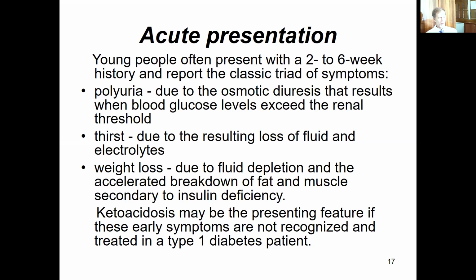So number one, polyuria. Polyuria is due to the osmotic diuresis that results when blood glucose levels exceed the renal threshold. Remember, when we discussed glucose exchange, I told you that in kidneys, primary urine is plasma of blood, and small molecules of glucose easily pass through the glomerular filter.